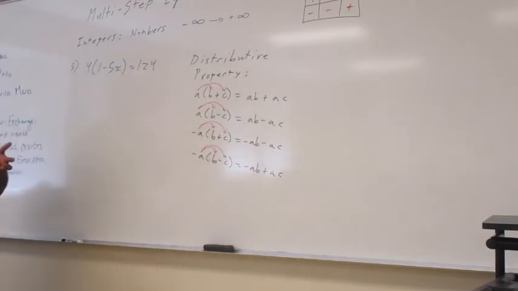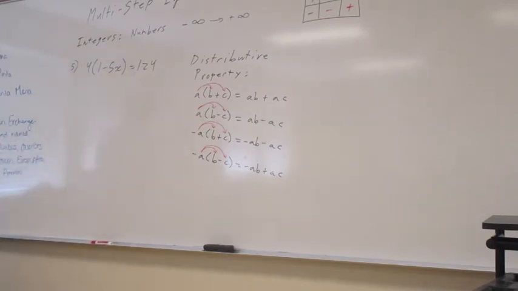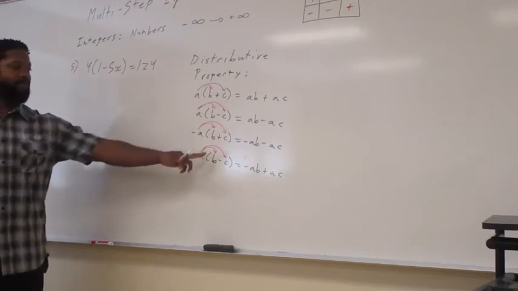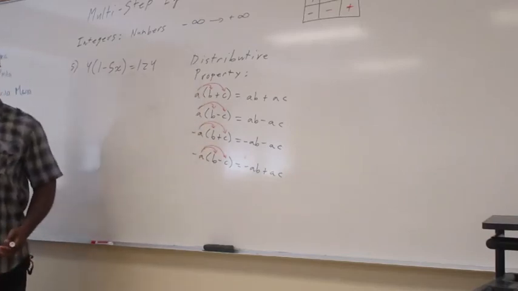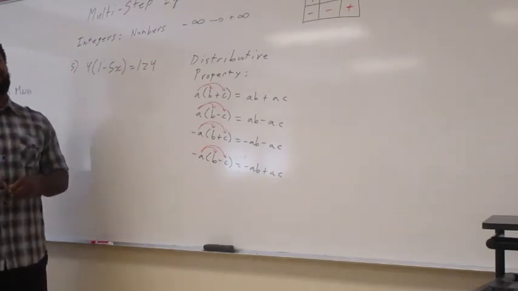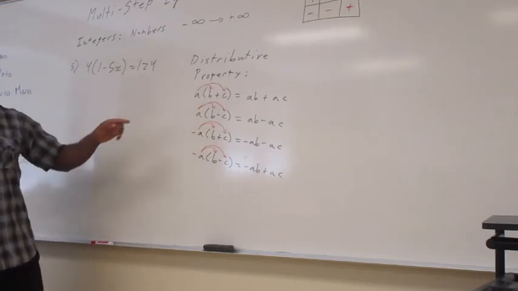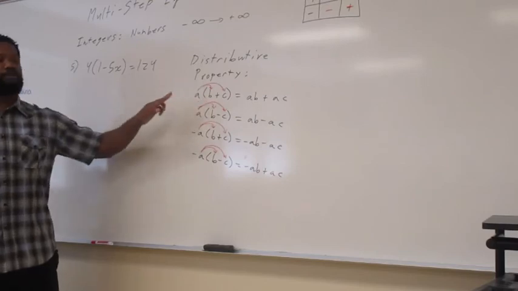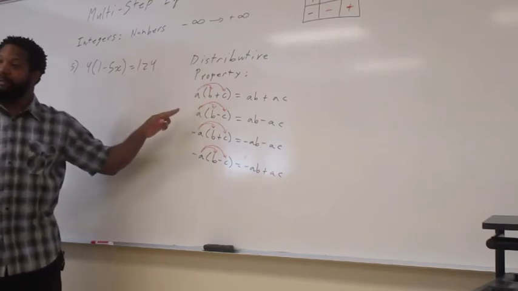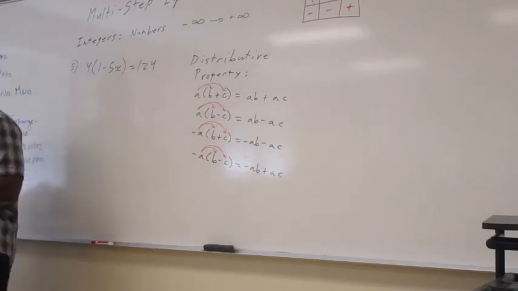There are plenty more situations, because sometimes your B can be a negative. But essentially, if you have any number or variable on the outside of some parentheses, you multiply that number or variable by everything on the inside of those parentheses, okay?